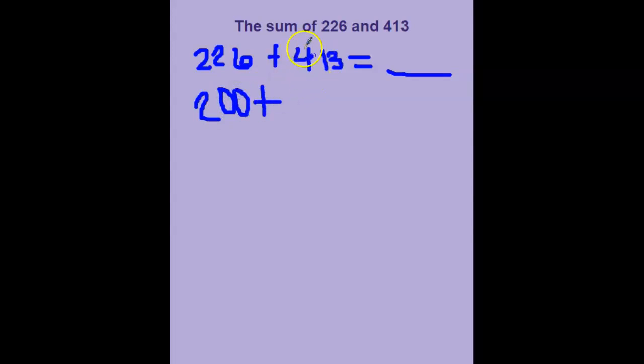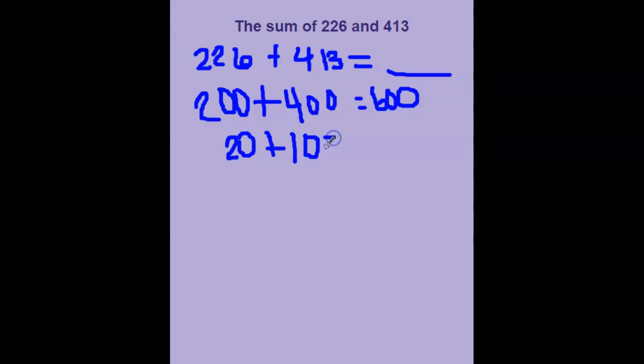The 4 in the hundreds place is worth 400. So 200 plus 400 is 600. Now, if I'm going to add the tens, I have 2 tens, which is worth 20. And I have 1 ten, which is worth 10. So 20 plus 10 equals 30. Lastly, we're going to look in the ones place. I have 6 ones and 3 ones. So 6 plus 3 equals 9.